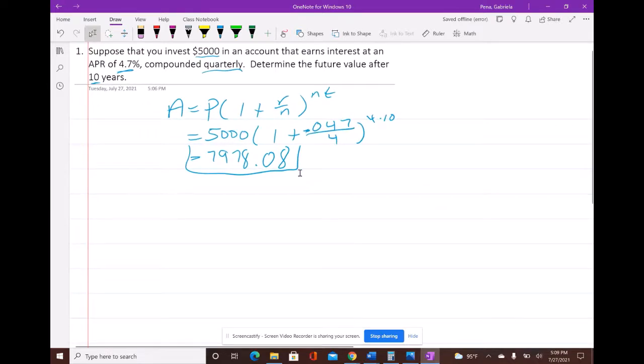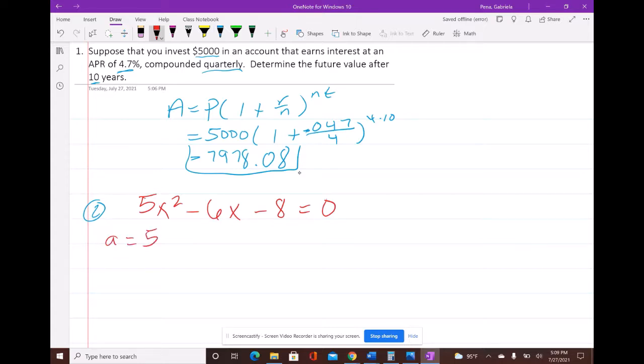Now, the next question is they're asking you to solve the quadratic. And I'm just going to number this number 2. And they give you, I'm sorry, that's not it. It's this one. 5x squared minus 6x minus 8 is equal to 0. You should know A is your first number, which is 5. B is the negative 6. And C is a negative 8.